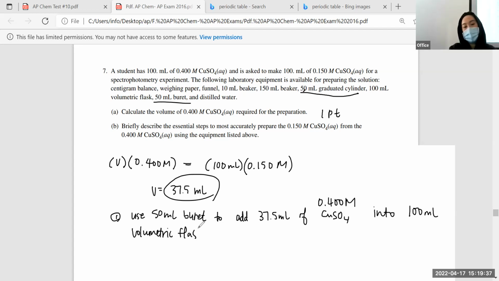Right. Remember, if we're making 100 milliliters or something, the best tool that we can use is a volumetric flask. So we're gonna put it in.